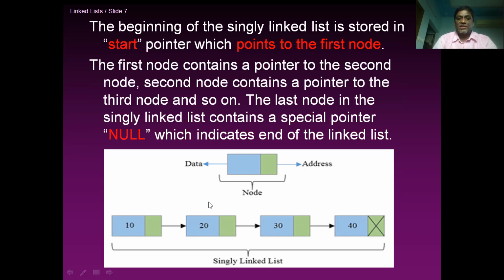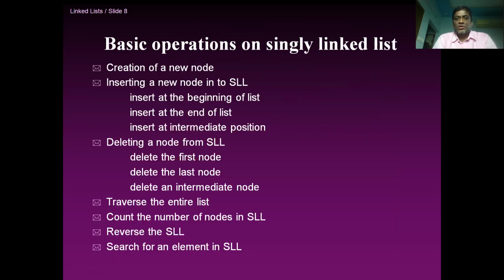But then you need to understand how this is actually created. So let us go into the details of implementation. To understand that, you need to go through several types of operations that can be performed on a singly linked list. These are the basic operations, but not limited to.